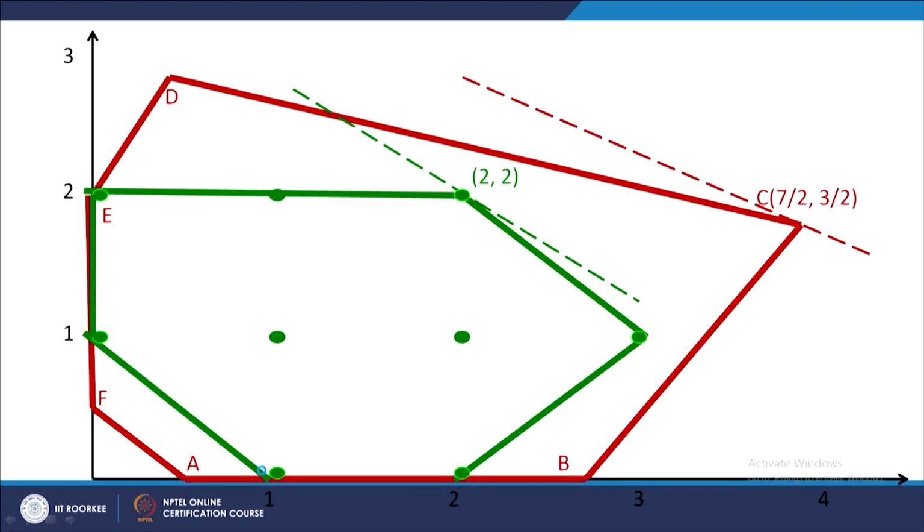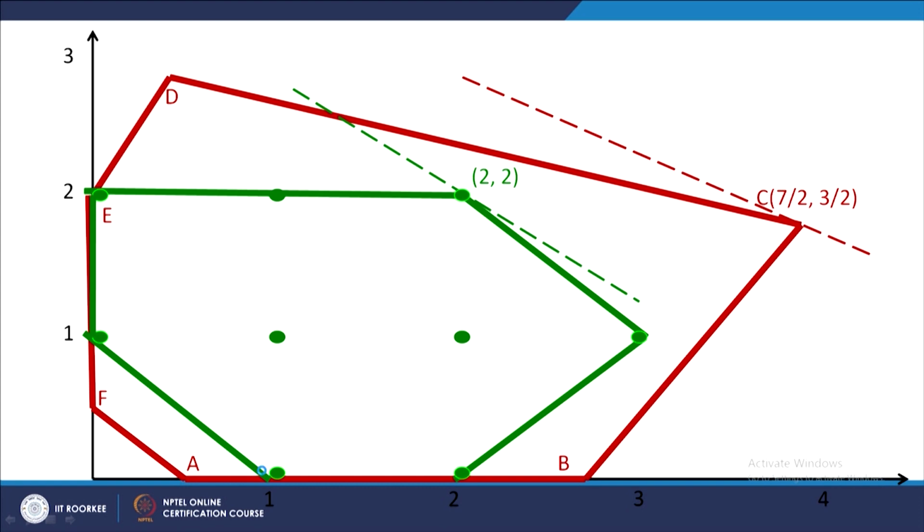Now, we can use the graphical method to see what the feasible domain looks like. So, here on the horizontal axis we have the first variable x1, and on the vertical axis we have the second variable.